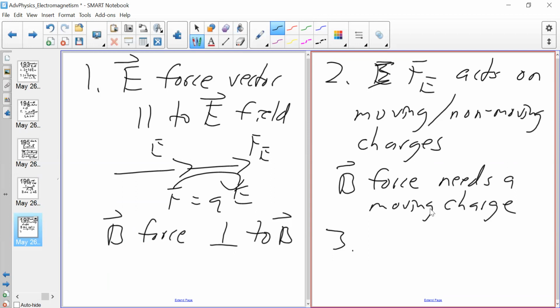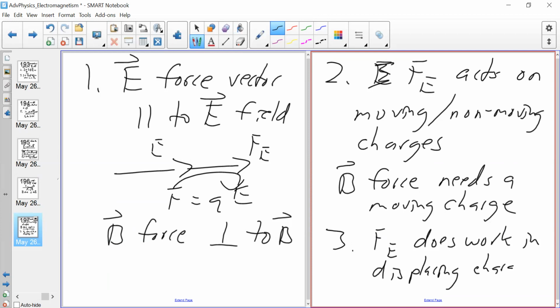The electric force does work in displacing a charged particle. That should make some sense. We have a particle here in an electric field, experiencing an electric force by some particle that's out here.